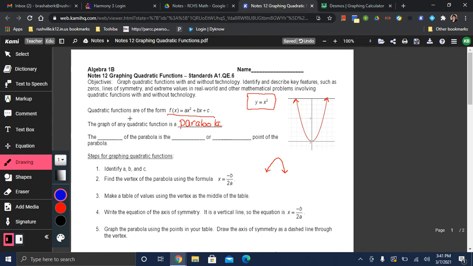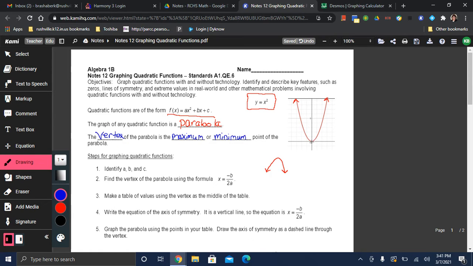We have an important point on the parabola, and that is the vertex. And the vertex is either the maximum or the minimum point on the parabola.